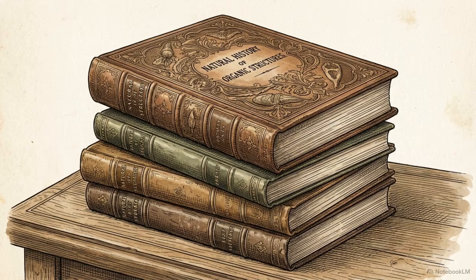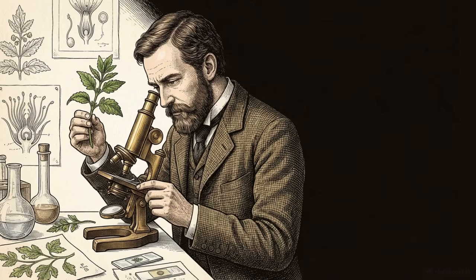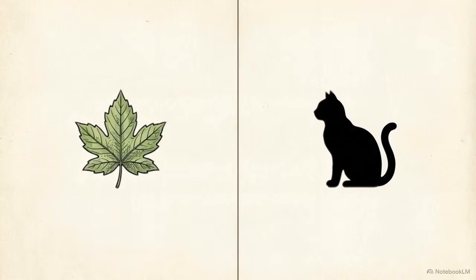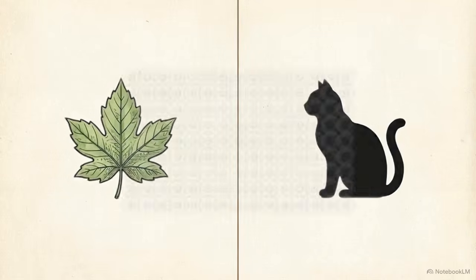Observations continued to pile up over the next century and a half, until 1838. A German botanist named Matthias Schleiden, who spent his days examining plant tissue, sat down with physiologist Theodor Schwann, who was looking at the nervous systems of animals. As they compared notes, they realized that whether they were looking at a maple tree or a cat, the microscopic architecture was identical.